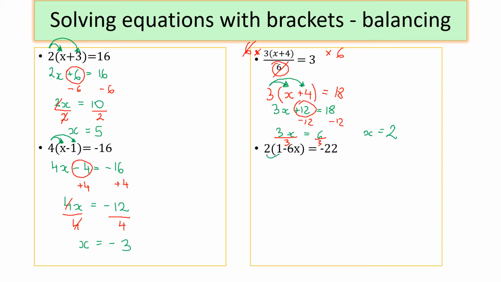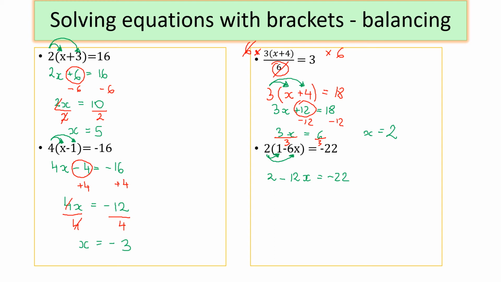In the next example, I'm expanding the brackets first. So I do 2 times 1, which is 2, then 2 times negative 6x, which is negative 12x, that is equal to negative 22. Now the first thing I want to do is get rid of the minus in front of x.